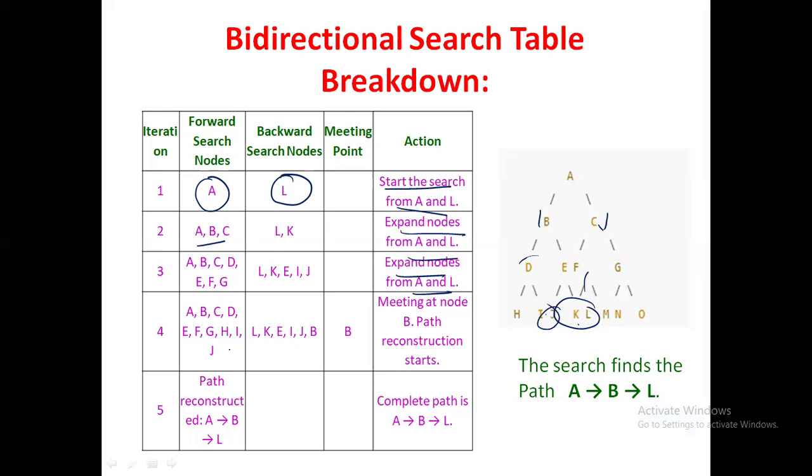And in this case, A, B, C, D, E, F, G, H, I, J, and backward search L, K, E, I, J, B. And it is meeting at the node B. So meeting at node B, path reconstruction starts. So the path reconstruction is A to B to L. So the complete path is A to B to L.